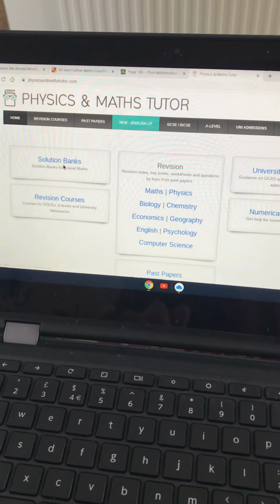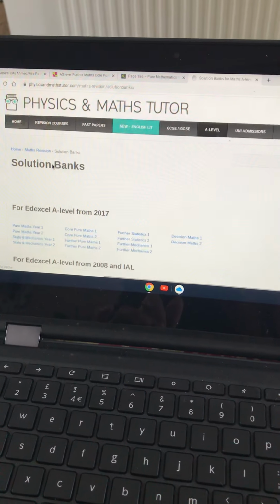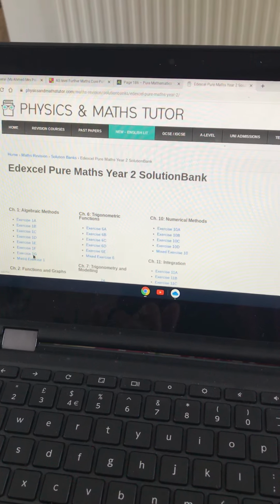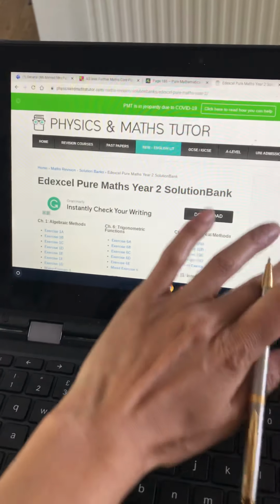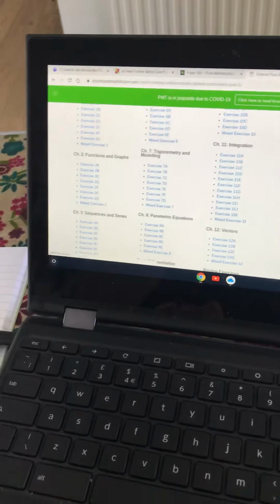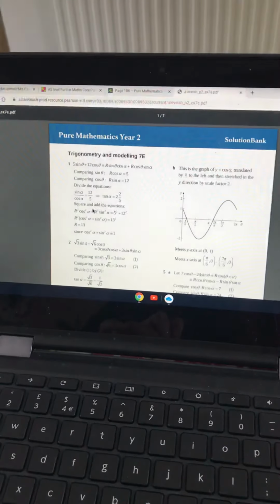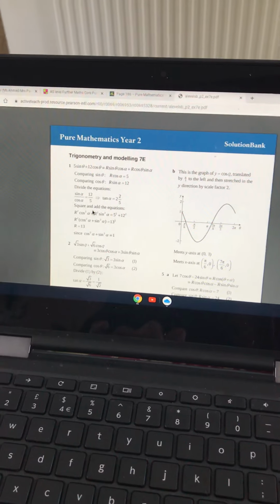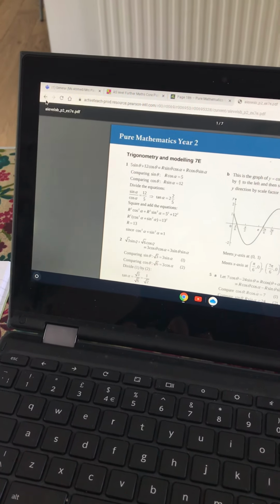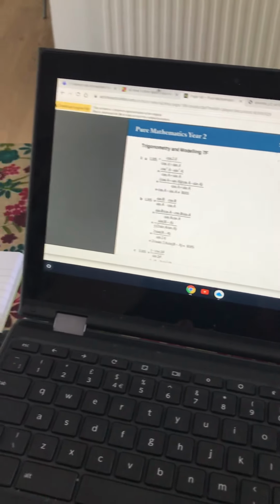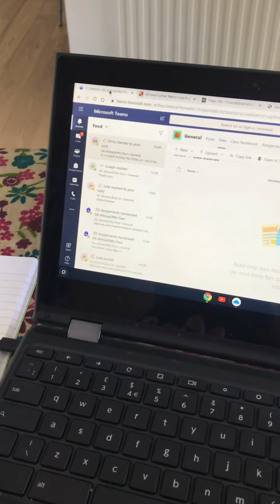Solution bank, so there on the first page, click on there, and just tell them which book you're looking at, Pure Maths Year 2, and whatever exercise you're working on. So you're working on 7E, there it is. I'm surprised you don't already know this. There you go. I think I'm actually on the wrong chapter, but you get what I mean. I think it might be 7F I was asking you to look at. Yes, I was. Okay, so that's the work for today.